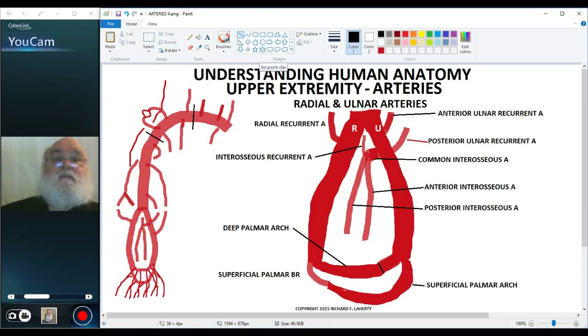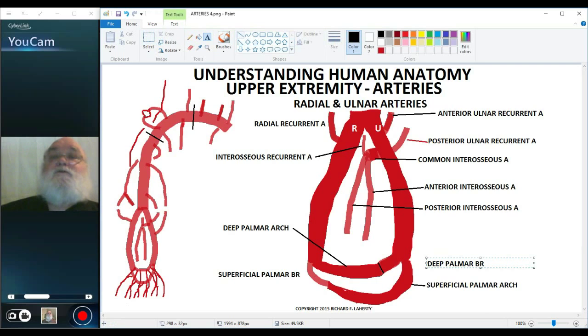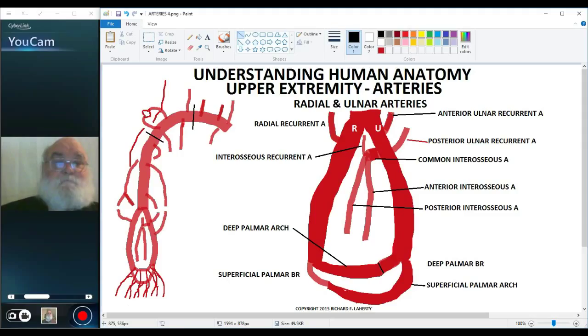So superficial palmar arch here, and the deep palmar branch would be this short artery here that connects to the deep palmar arch.